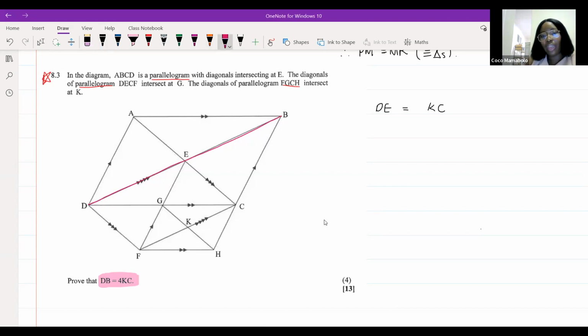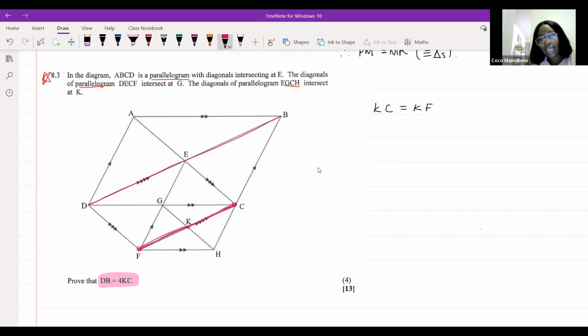Okay, we know that KC is equal to KF, right? KC is equal to KF. That's where I'm going to start, actually. I'm going to say KC is equal to KF, right? But what do we know about the side FC?